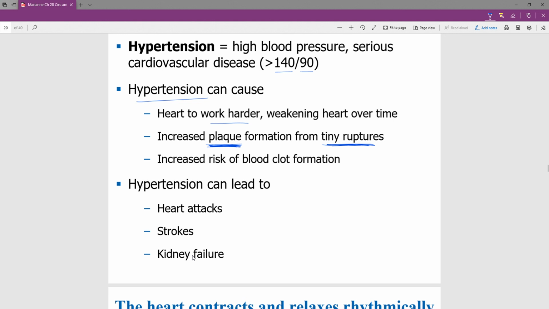You can also have an increase in blood clot formation, or thrombosis, as they're called. Hypertension can also lead to heart attacks, strokes, or kidney failures. Here we have that interconnection of the different systems of the body.